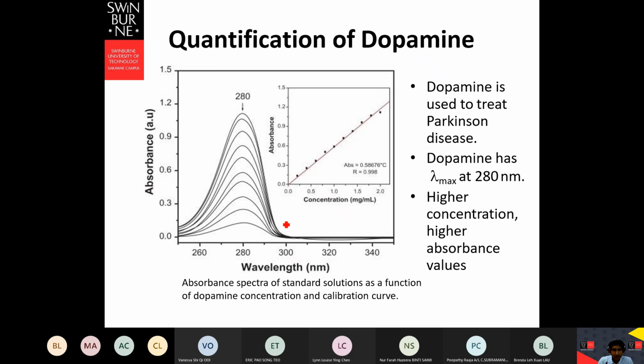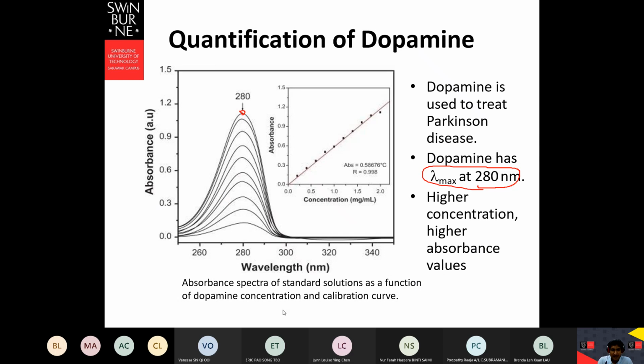Okay, so this dopamine has a 280 nanometer lambda max. That means at 280 nanometer, it will absorb the most of the wavelength. And the higher the concentration, the higher the absorbance peak we will get. All right.